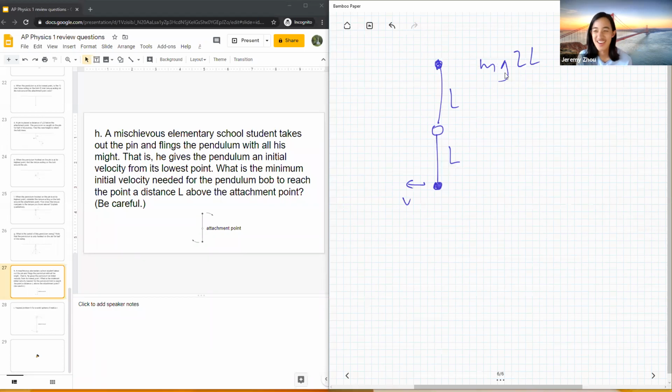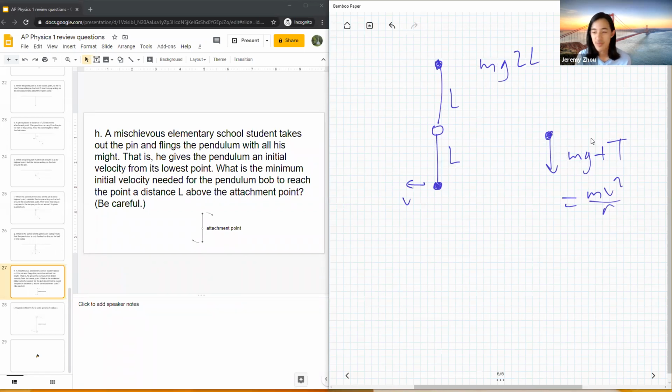Good. Okay, you guys know what you're doing. So in order to keep the bob moving in a circle, the net force needs to be exactly equal to the centripetal force. The net force on this is mg plus tension, and we need this to be equal to mv squared over r.